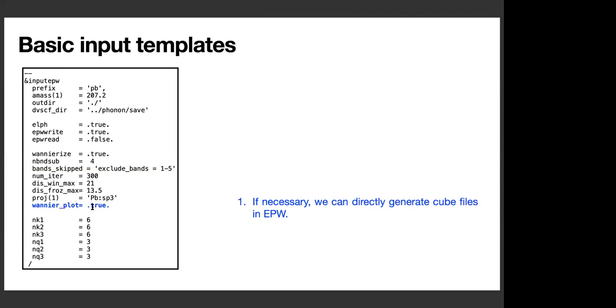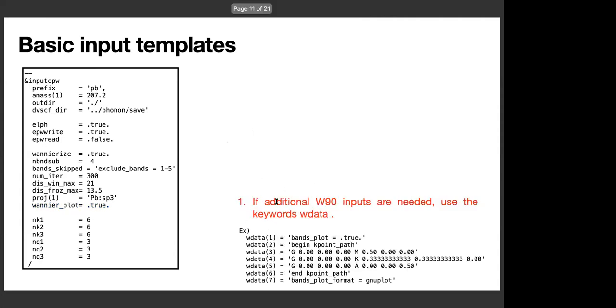And the next one is wannier_plot. Unlike in the PW2Wannier90 plus Wannier90 workflow, you can easily generate, and also directly generate, the cube files, including the real-space Wannier orbitals, directly in EPW.